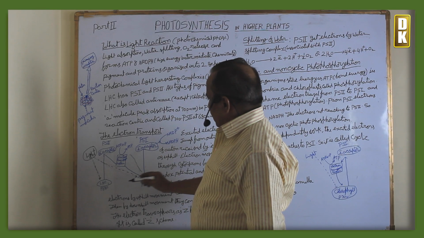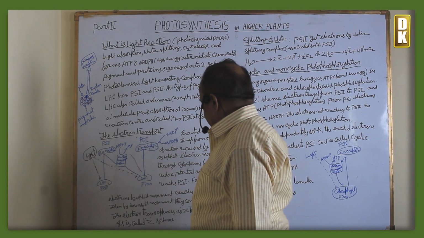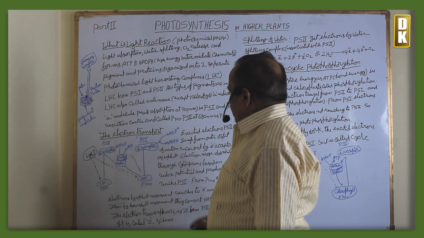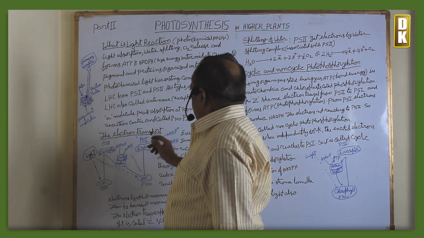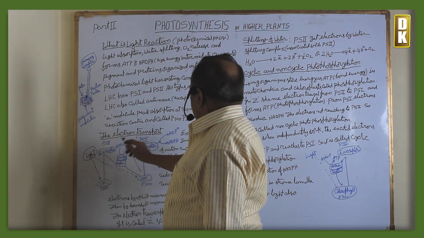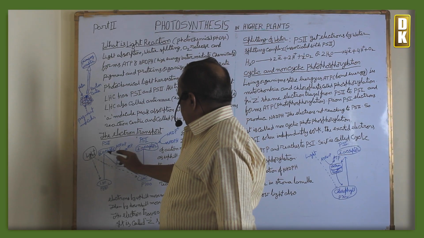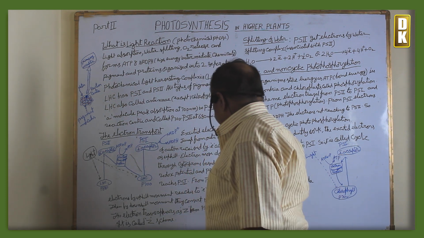So this entire thing appears Z-shaped, so it is called the Z scheme. The electron transport in the light reaction is the Z scheme.